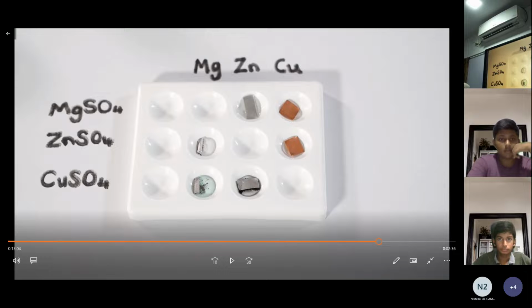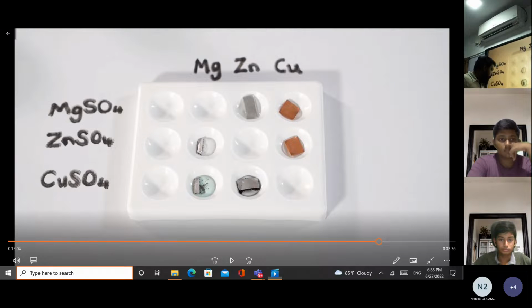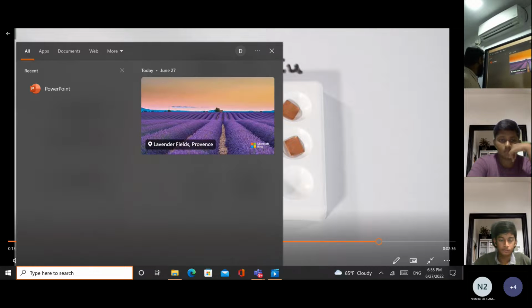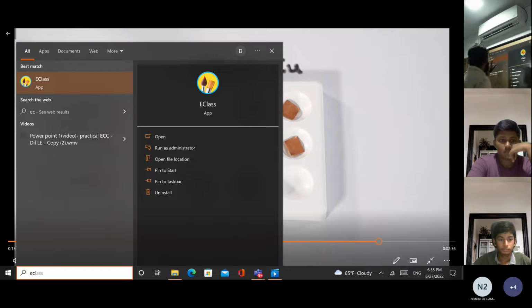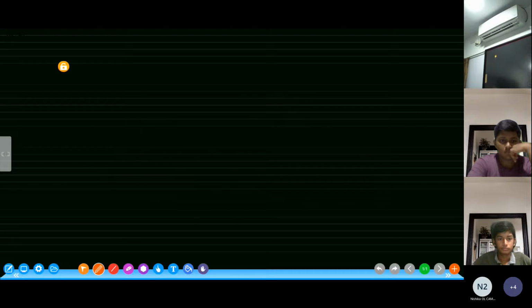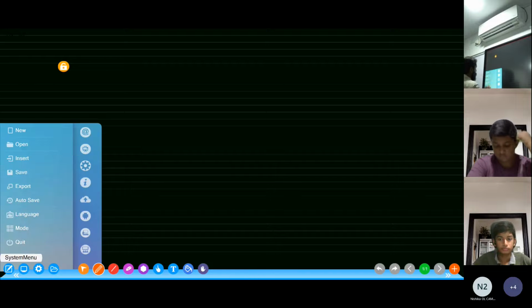Now what I'm going to do is take this one onto our board, and then we'll explain how to make the conclusions and how to write the reactions depending on observations. That's the plan, all right? Okay.